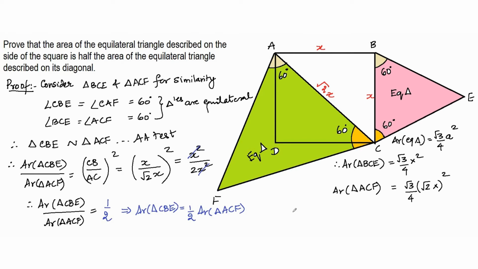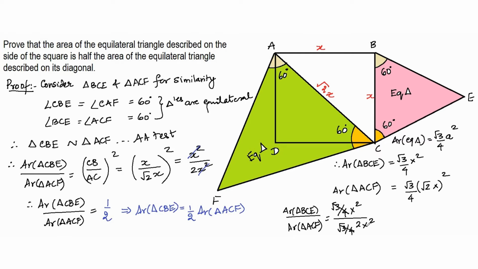Now if I take the ratio of these two areas, so area of triangle BCE divided by area of triangle ACF, this is going to be root 3 upon 4 x square divided by root 3 upon 4 and root 2 square is 2x square.